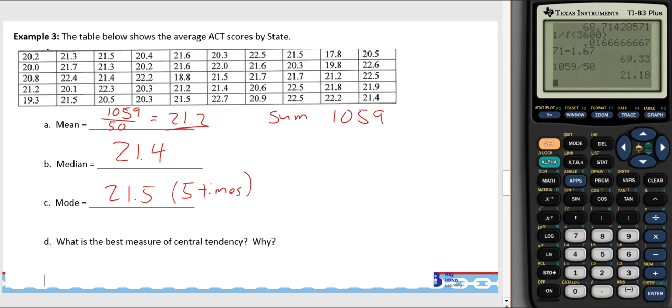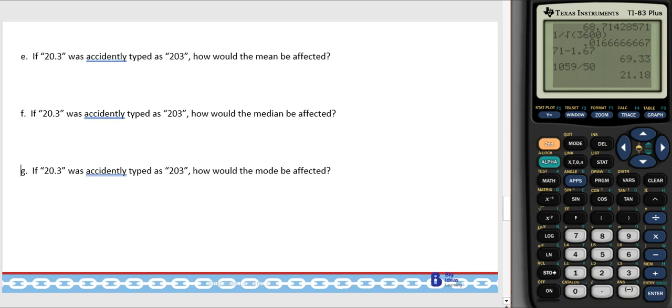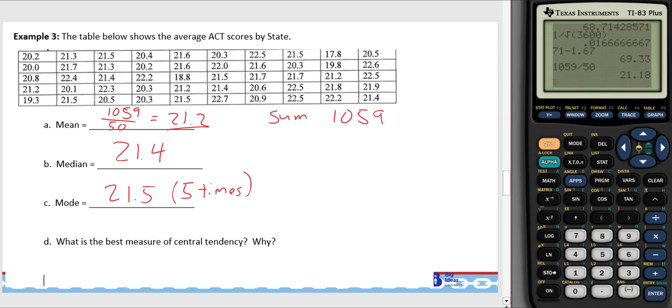So on the next slide, it asks, what if somebody accidentally typed in 203 instead of the 20.3, right? They omitted the decimal point. So I'm going to pop back to this slide, and we're just going to talk about E, F, and G real quick.